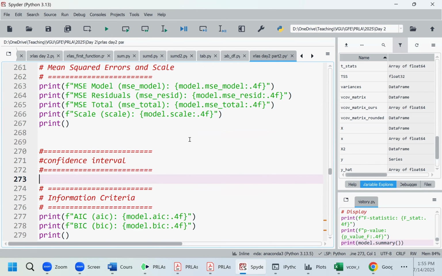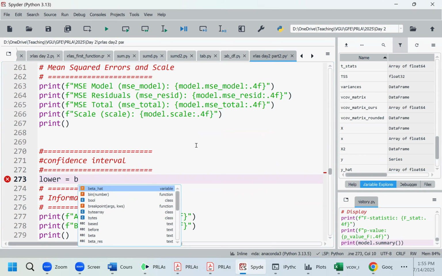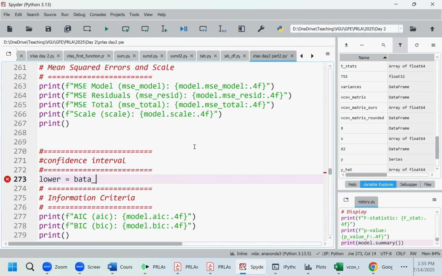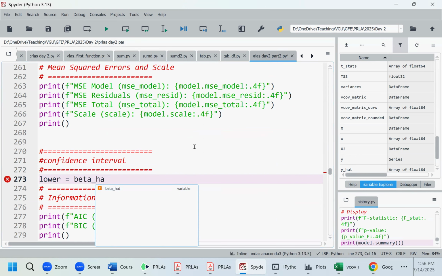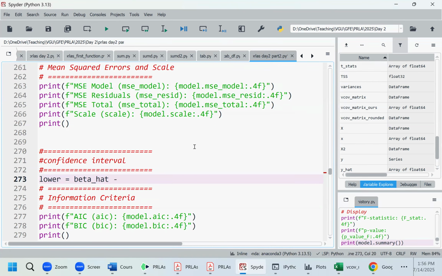So we would have lower. Is that correct? Let's follow the common sense, right? The lower will be equal to what is it? Beta hat. Is that right? Oh, sorry. Beta hat. Thank you. Minus what is it? T stats, right? Times.